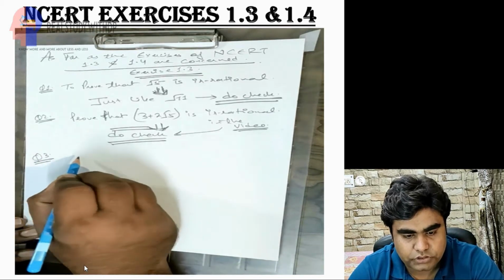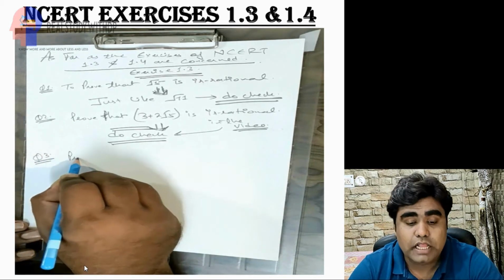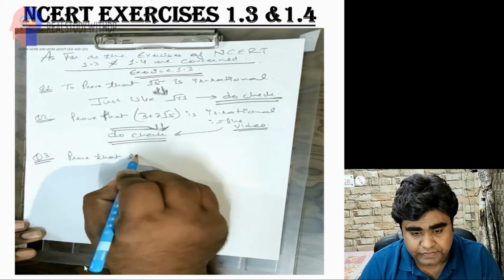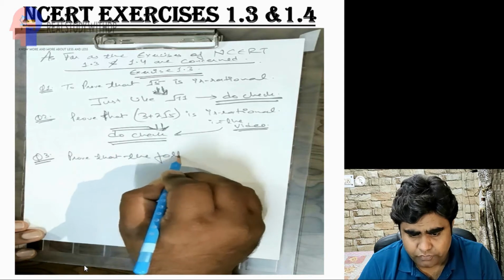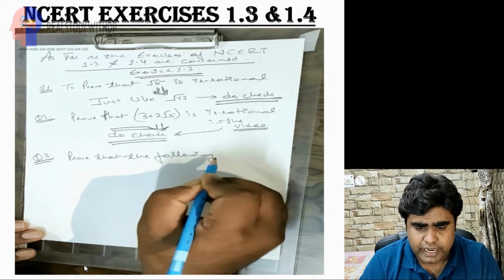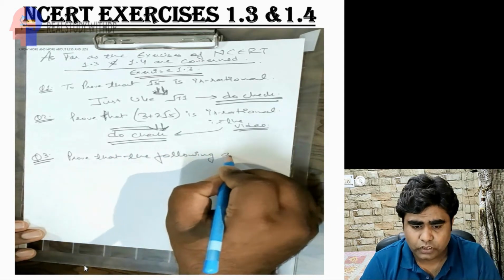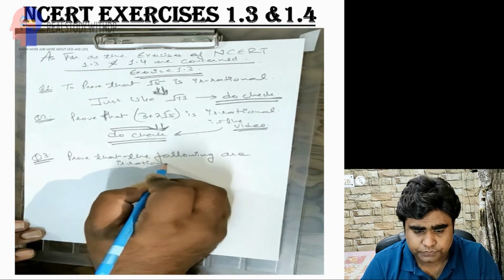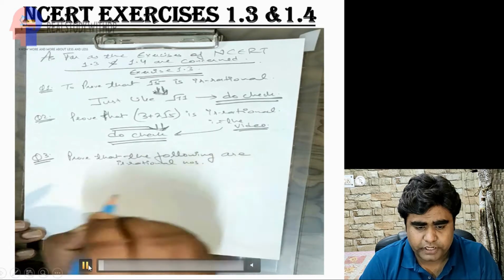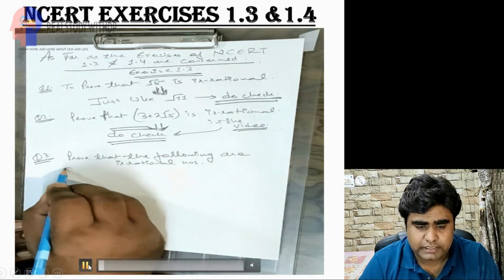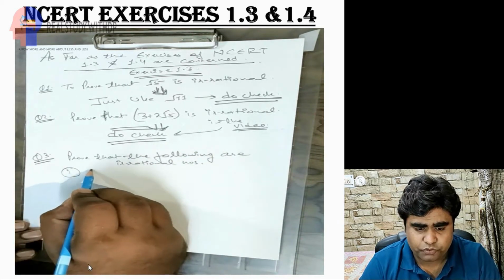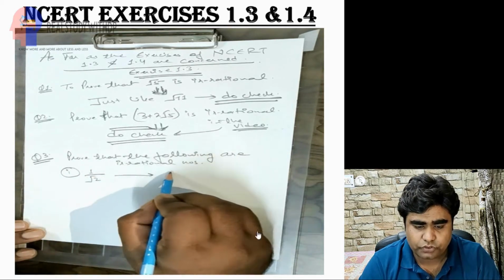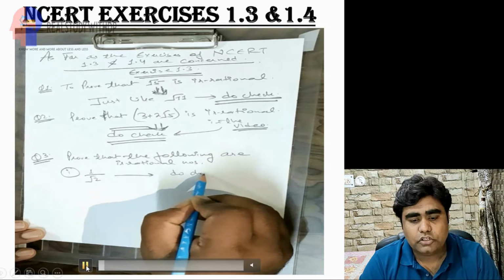In this question, we again have to prove irrational numbers. We have to prove that the following numbers are irrational. Let's see what the following numbers are. To begin with, the first part that we need to prove is that 1 divided by square root of 2 is irrational.